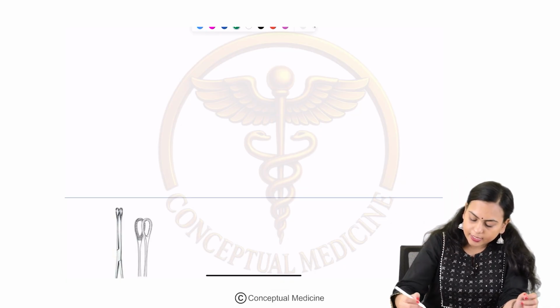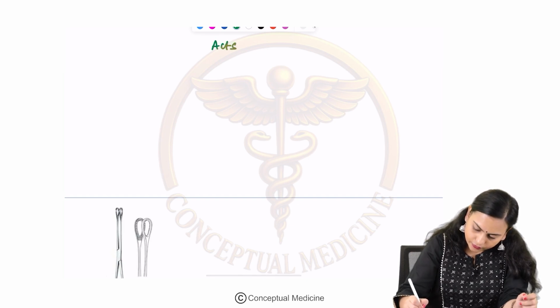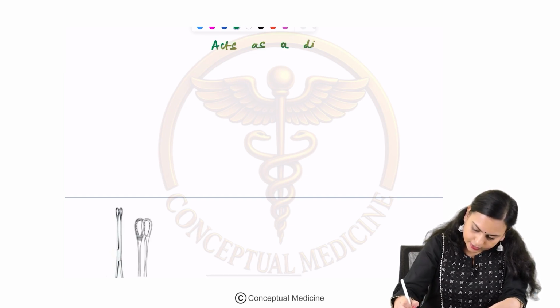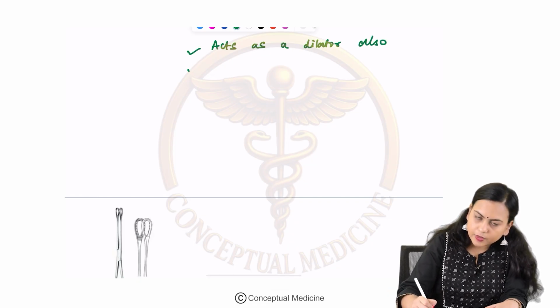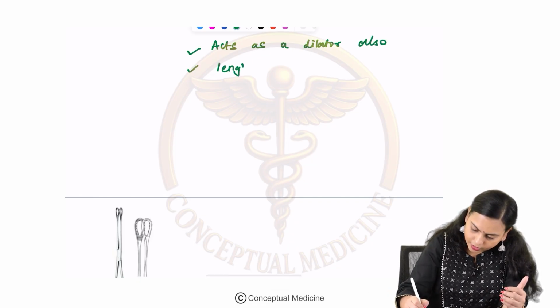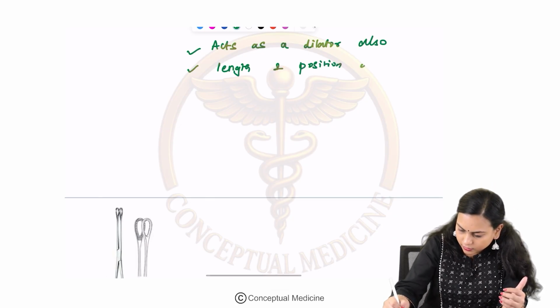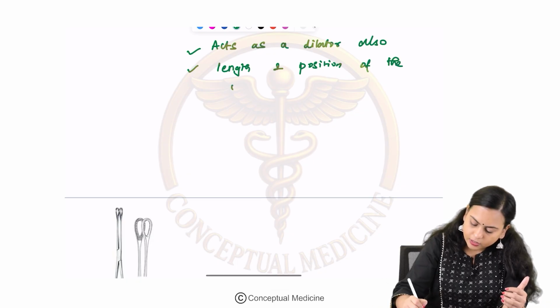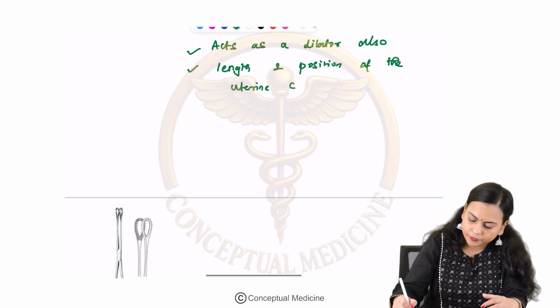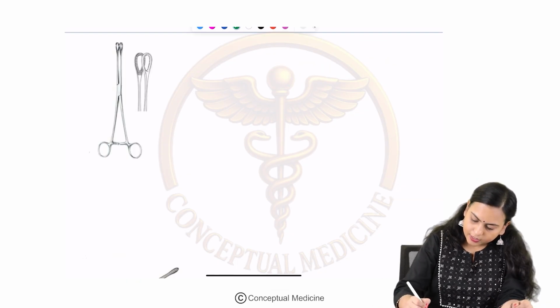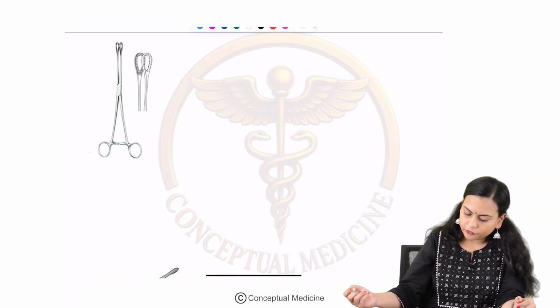Basically it can act as a dilator also. So, we will be assessing the length as well as position of the uterine cavity by using a uterine sound. Next is a sponge holding forceps.